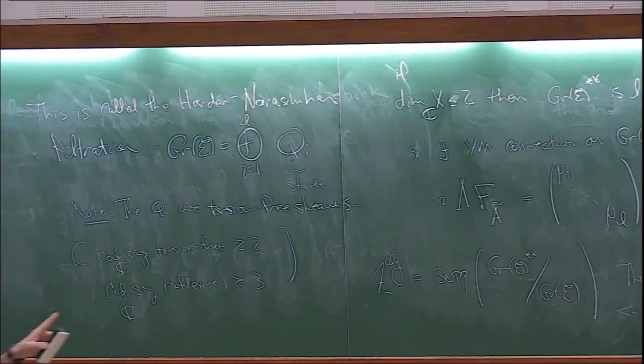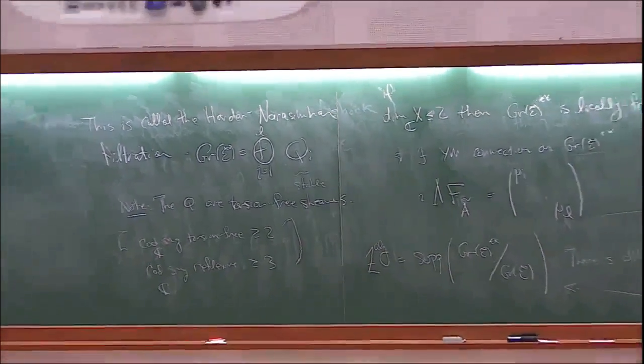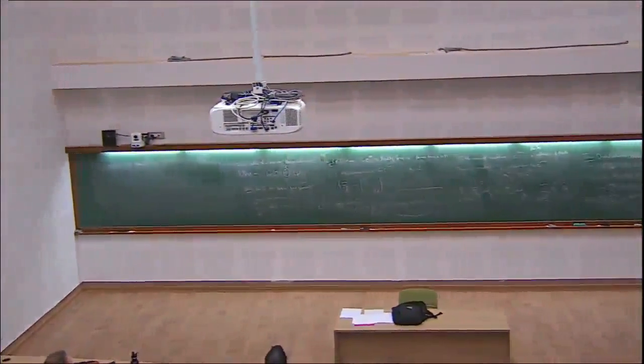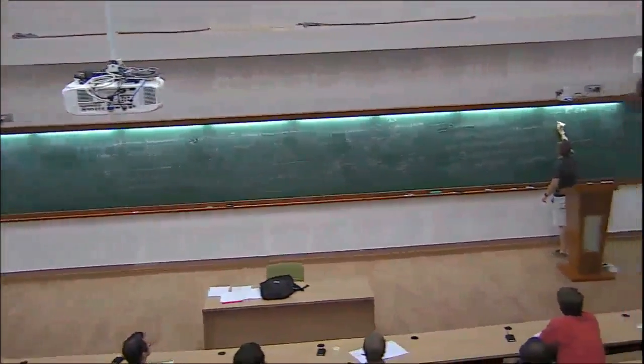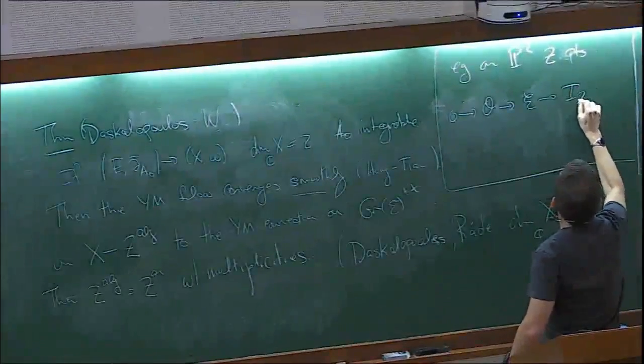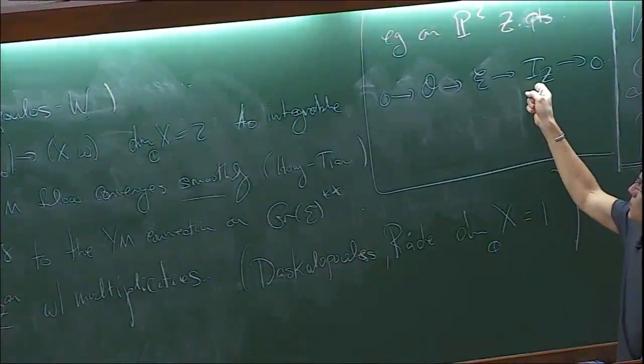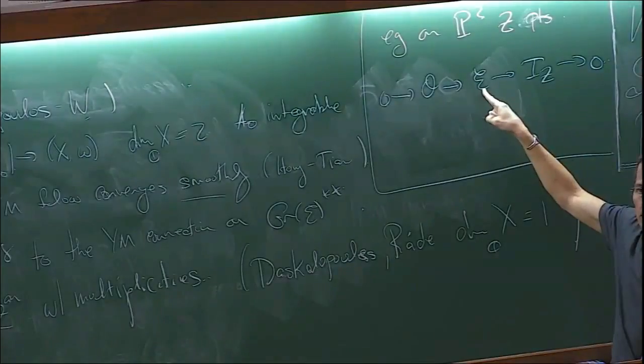Maybe I'll just give one example, because this theorem is actually not so abstract. So for example, on P2, take Z, a finite collection of points, and look at the ideal sheaf of Z. It turns out that there exist extensions of this ideal sheaf by O where this guy is locally free.